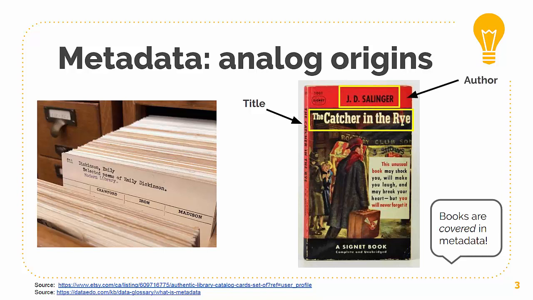We have the author. We have the publisher. And we also have a short synopsis of what the book is about. So all of this information both helps us distinguish this item from others and also provides essential information about this book to help determine if we want to read it or not.